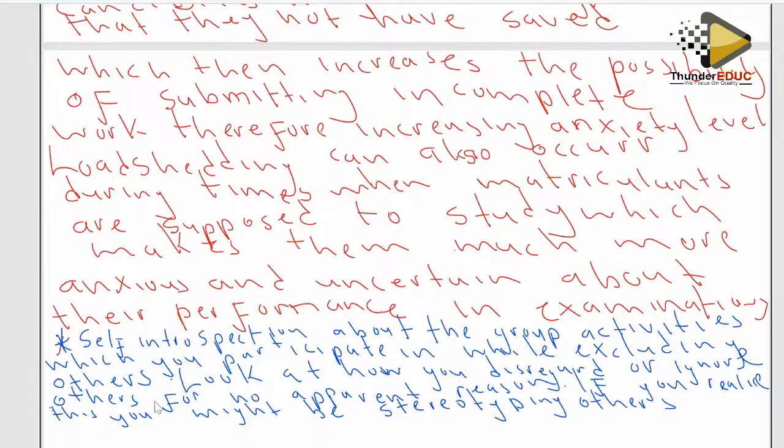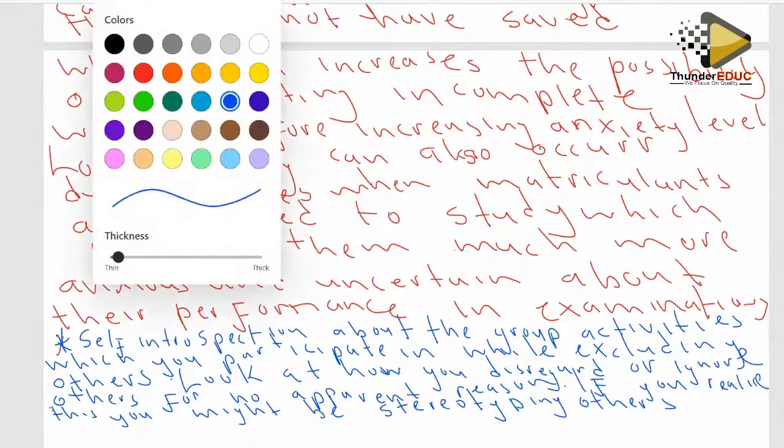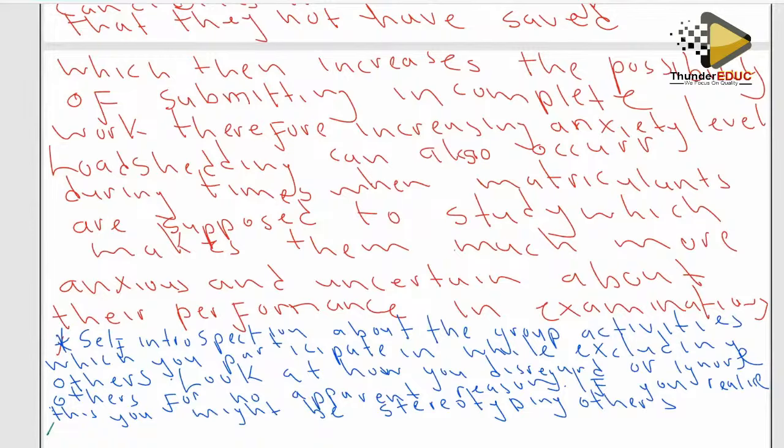Then secondly, you need to examine your approach. Examine your general approach with others. Must examine your general approach with others.